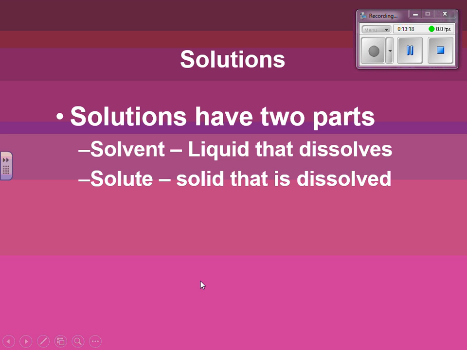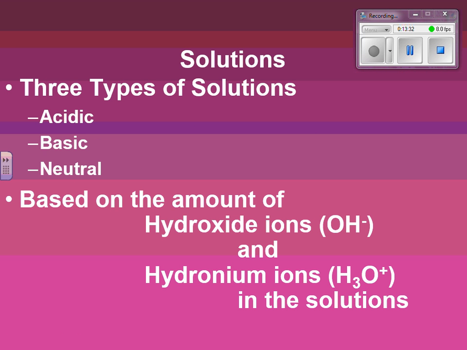Now we'll talk about solutions a little bit. Solutions have two parts: solvents and solutes. Solvents are the liquids that do the dissolving. Solutes are the solids that are dissolved. There are three basic types of solutions: acidic, basic, or neutral. Now, what does that mean? Well, basically, you're going to be determining your type of solution based on hydroxide ions or hydronium ions.